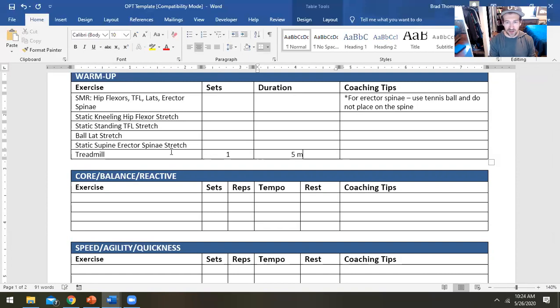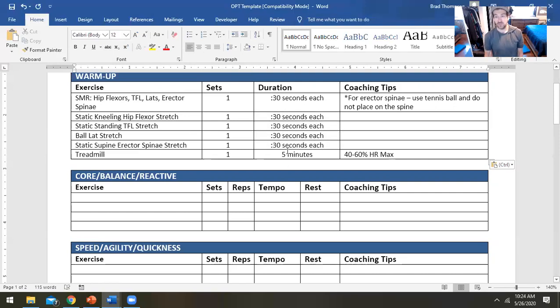One set, 5 minutes, at 40 to 60% heart rate max, depending on who the client is. One set of all this, duration, 30 seconds each. And there we go. That's a pretty good warm up.